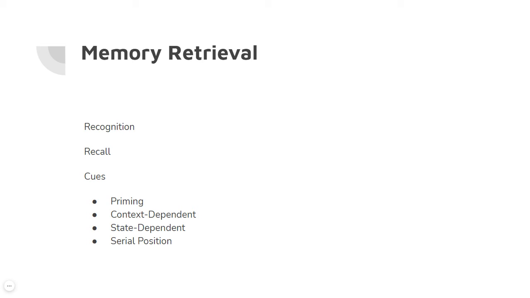When you're trying to retrieve information, you also are going to use things like the primacy and recency effect. Primacy is like if you're trying to remember a whole bunch of information, like studying a study guide, you're going to remember the stuff at the beginning of the study guide, because it was primary. Then you're going to remember the stuff at the end of the study guide because that's recency.